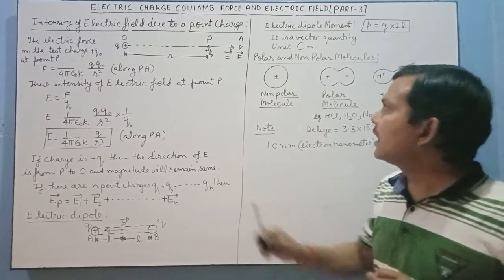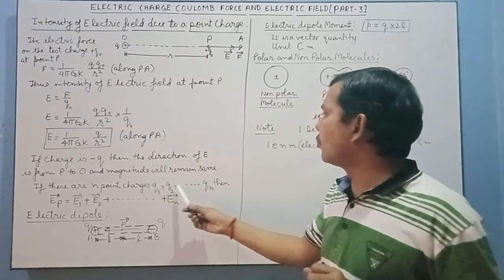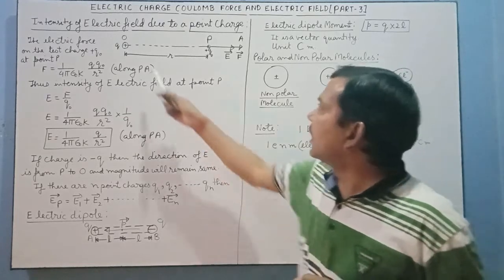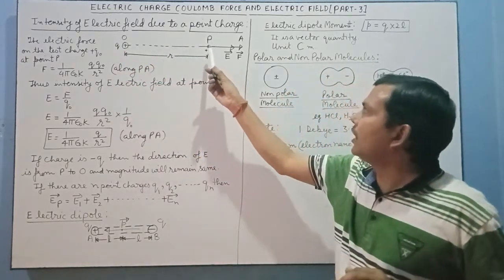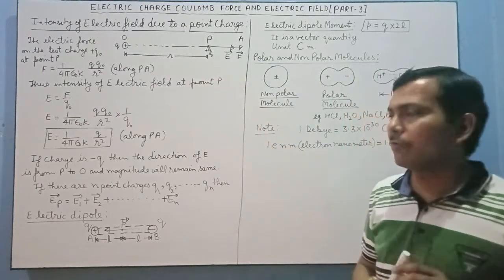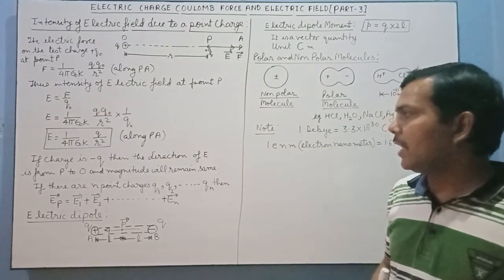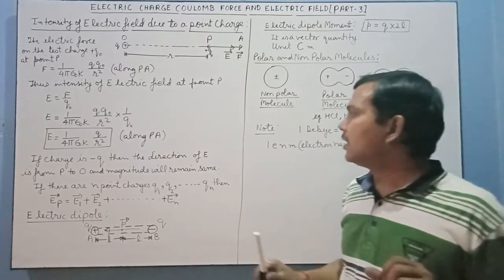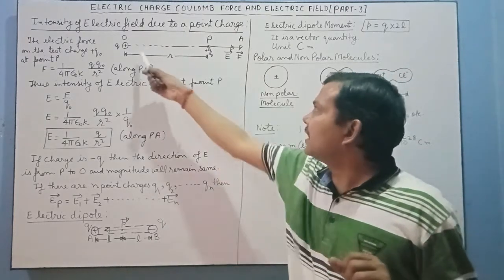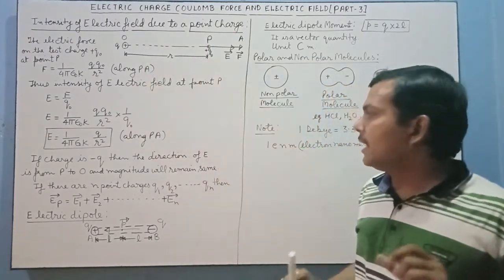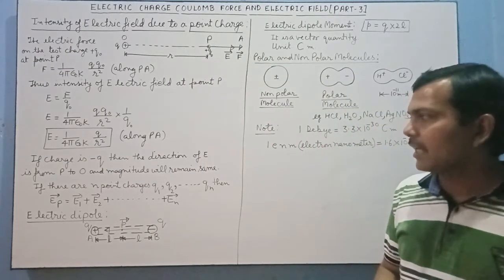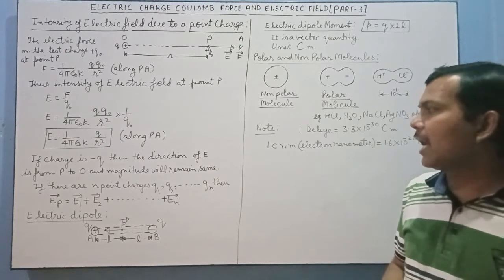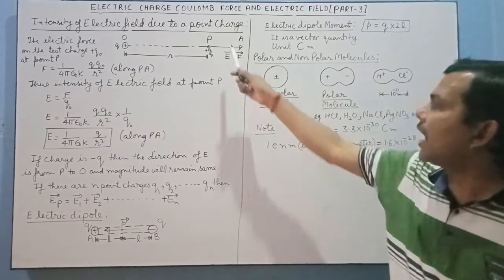Suppose there are Q1, Q2, Q3 and Qn charges placed at point O, and we have to obtain the electric field at point P due to this system of charges. Then we will calculate electric field separately due to each charge at point P, and then obtain the vector sum of all the electric fields to obtain the resultant electric field at point P.